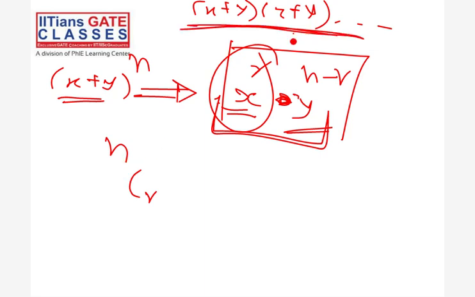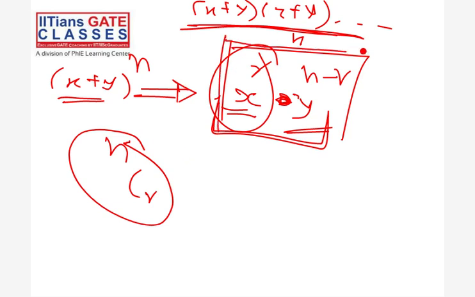How many pairs do we have? n pairs. If we choose r pairs from these n pairs, then from those we get x, and from the remaining we get y. So you can see how many of this kind of term will be possible: nCr. So nCr is the number of terms of this form.